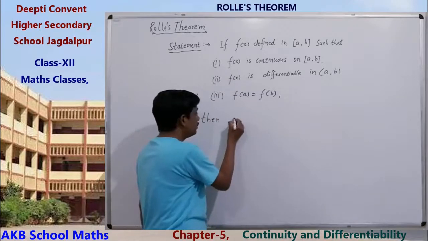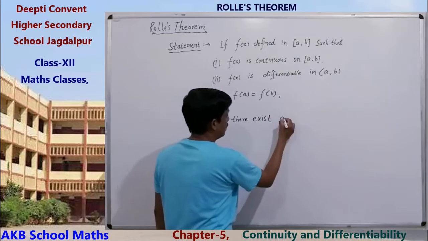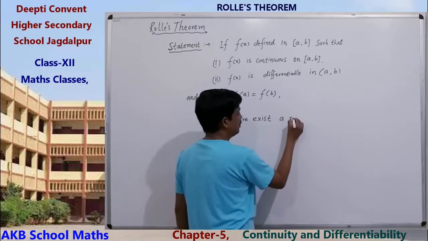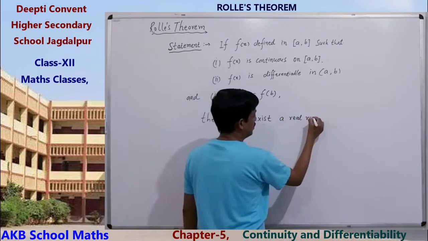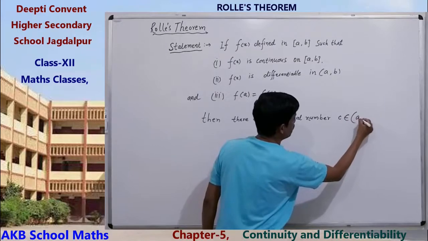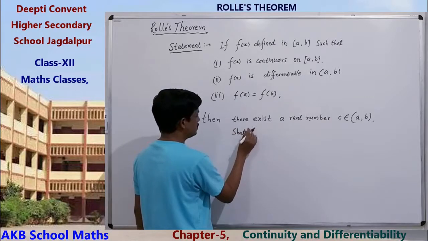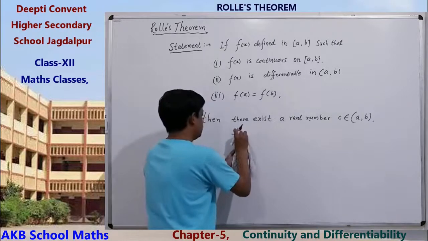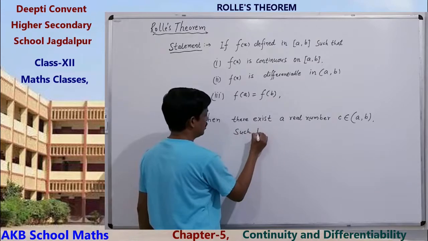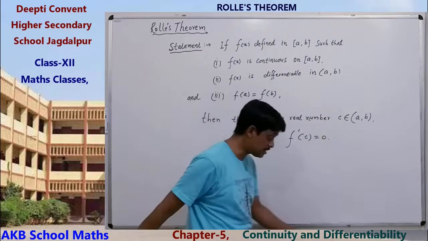Then there exists a real number c belonging to the open interval (a, b) such that f'(c) equals 0. This is the statement of Rolle's theorem.